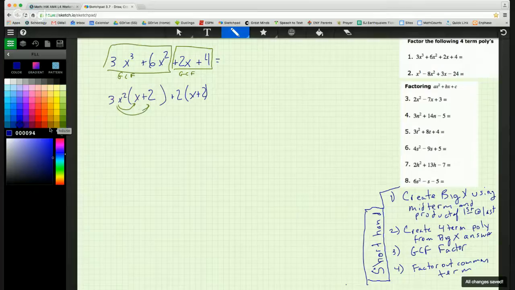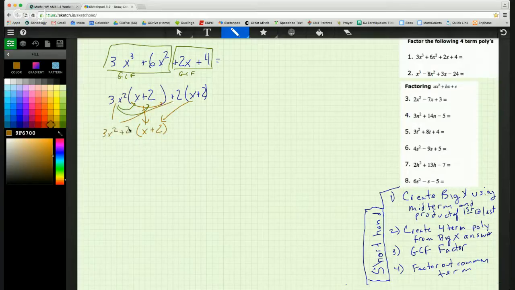Now, what's nice about this is because, again, these were set up kind of neatly, we got our x plus 2 term that factors out nicely. And our 3x squared plus 2 term, which goes like this. And there's our answer. We have the form of a times c plus b times c, where c is x plus 2.